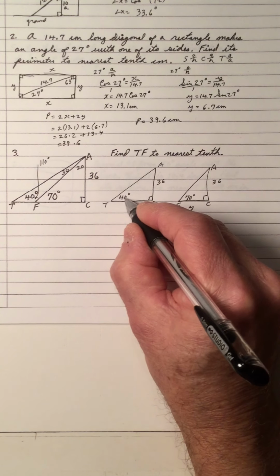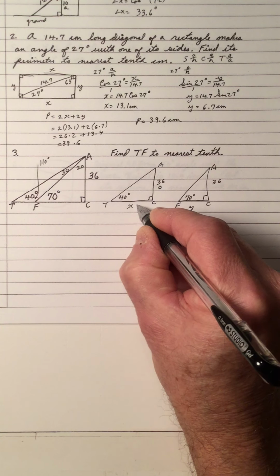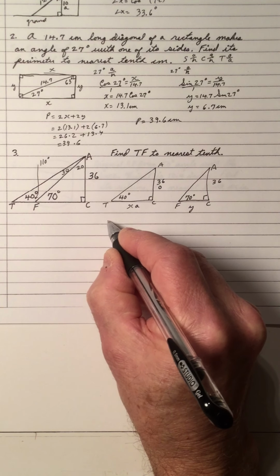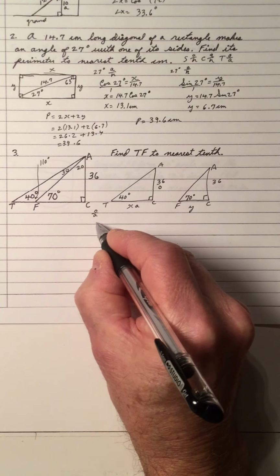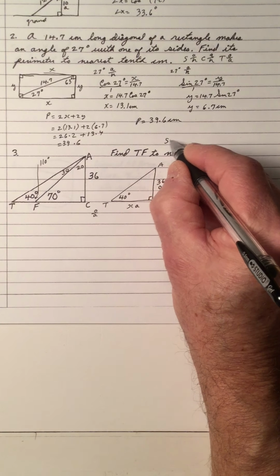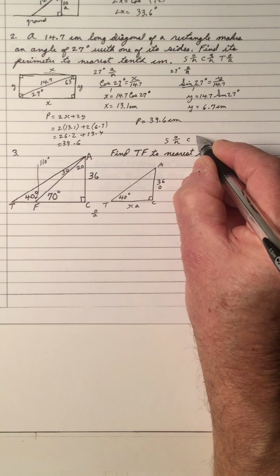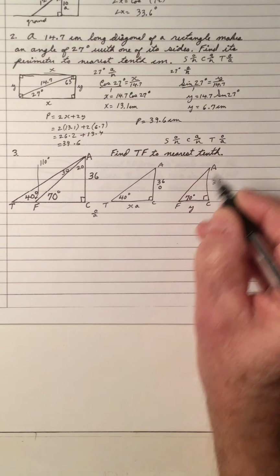So here we go. In this triangle, in this angle, that's opposite and that's adjacent. So let's work on this one. SOHCAHTOA: sine is opposite over hypotenuse, cos is adjacent over hypotenuse, tan is opposite over adjacent.